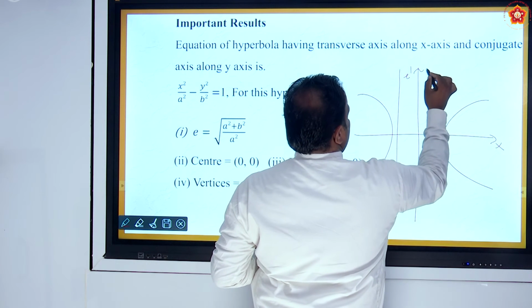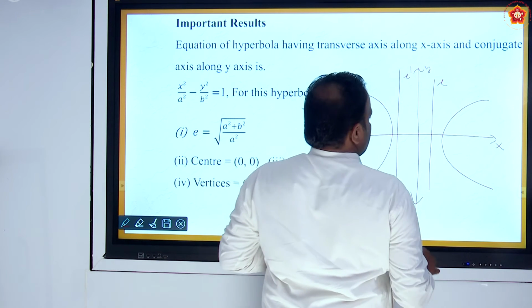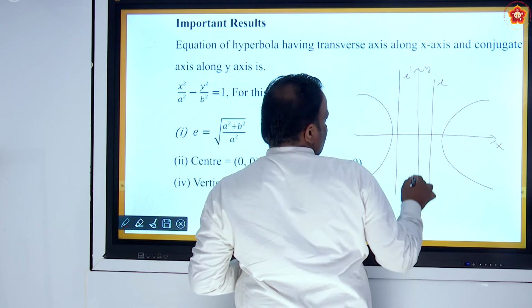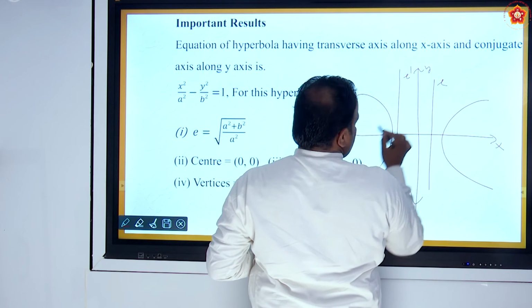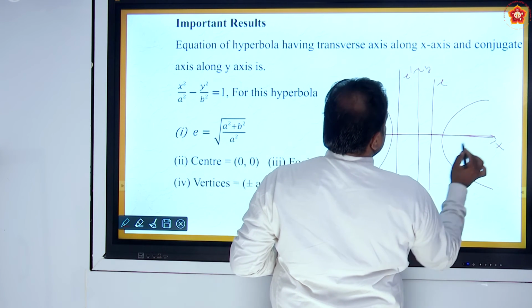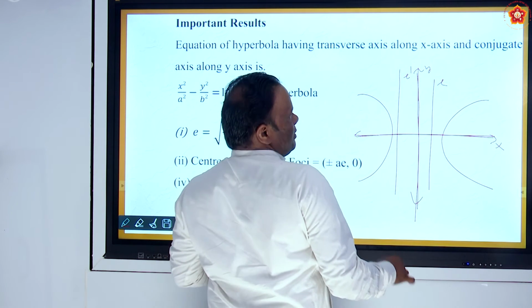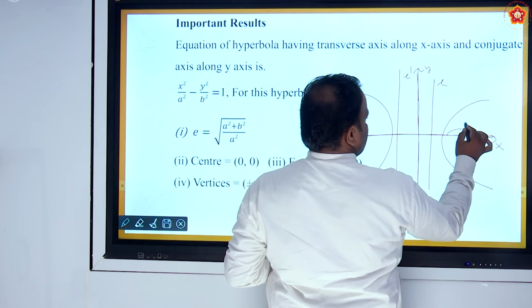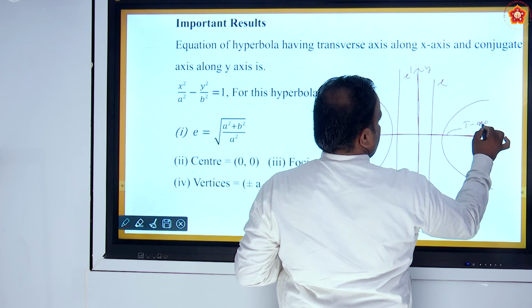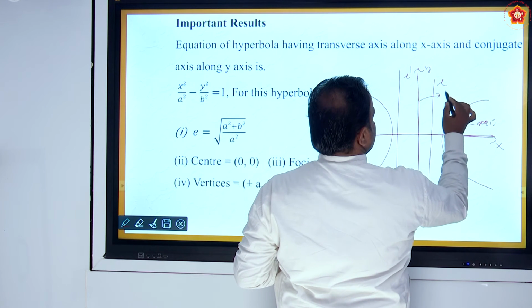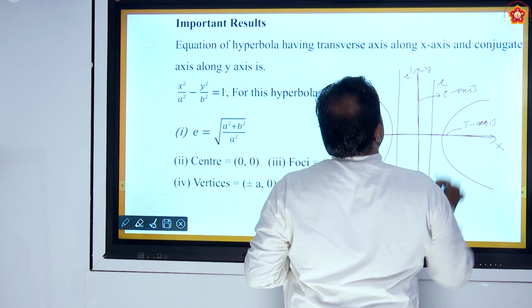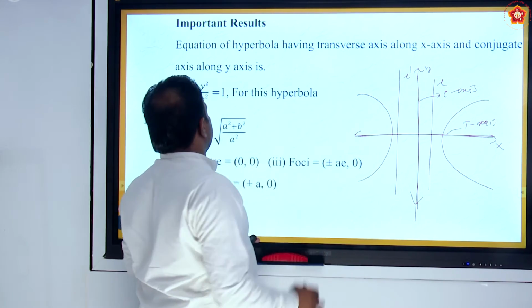This is the x-axis, this is the y-axis. The x-axis is called the transverse axis, and this is called the conjugate axis along the y-axis.